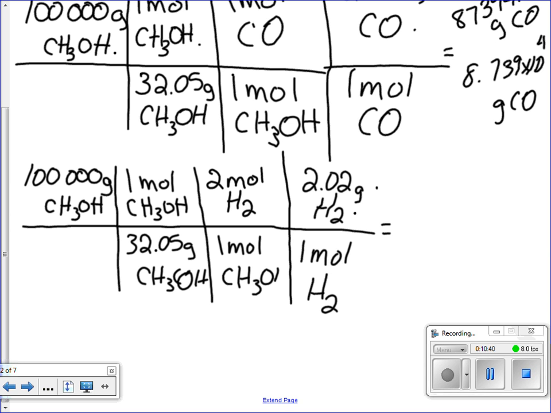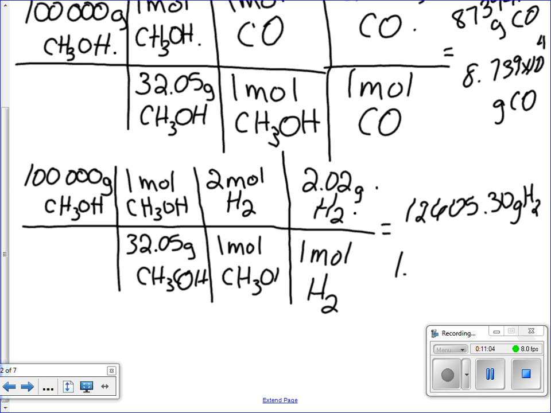So now in your calculator, we multiply across the top and get an answer. We multiply across the bottom and get an answer. We divide those two values, and we get 12,605.30 grams of H2.